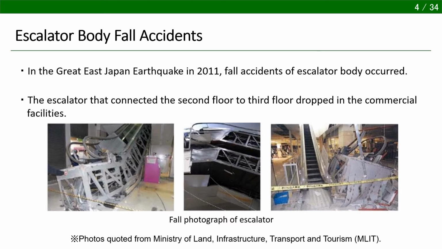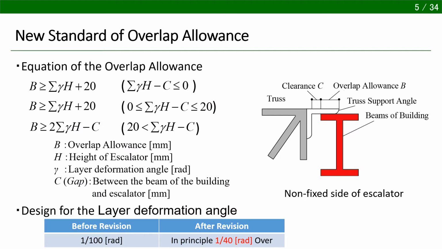According to this standard, the relative displacement of buildings expected during an earthquake is larger than before. The length of the escalator hanging on the beams of the building is called the overlap allowance, as shown in the equation of the overlap allowance.